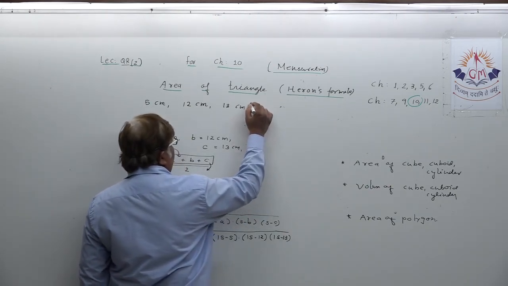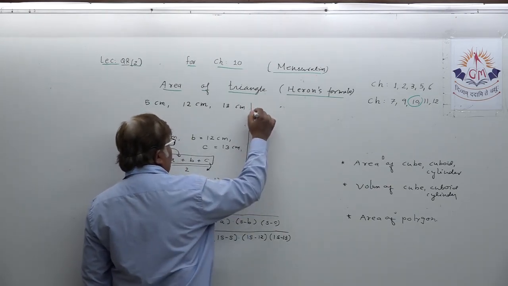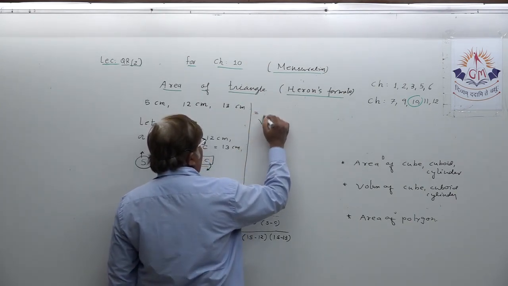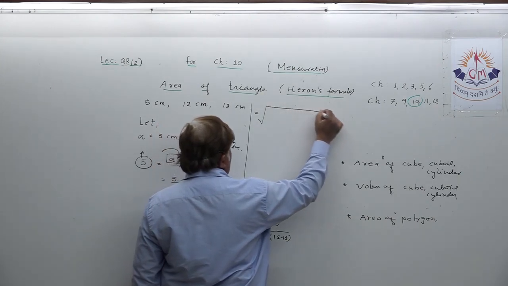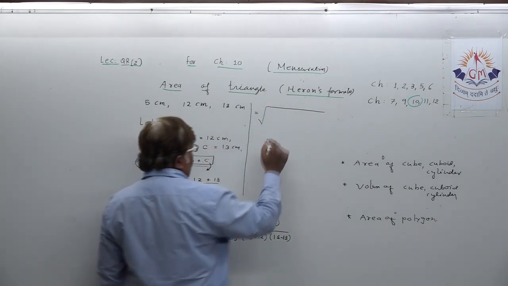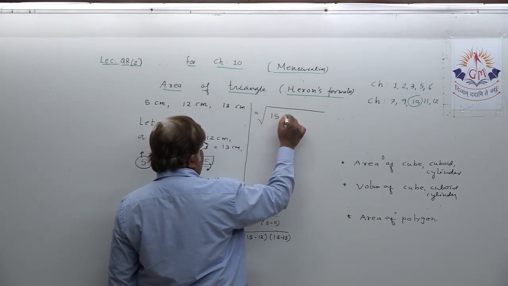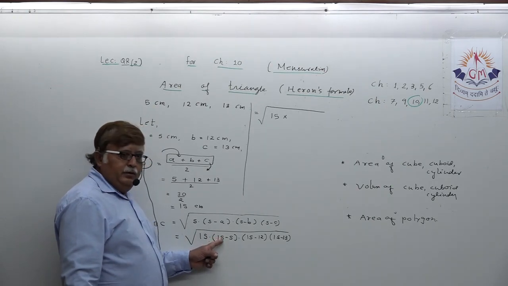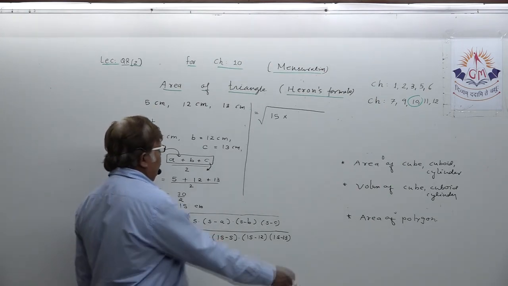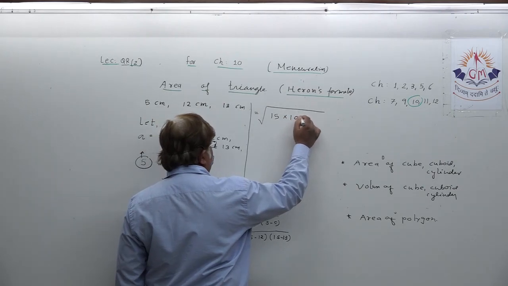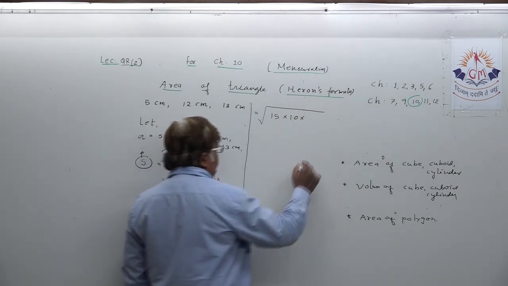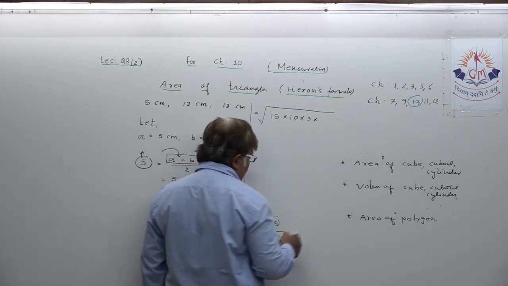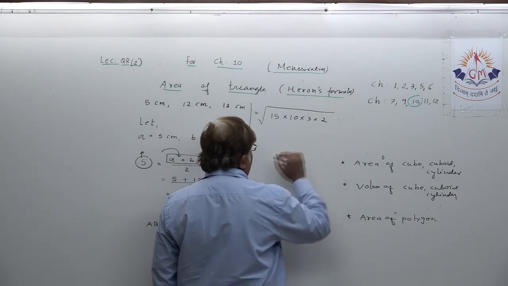This way, please concentrate. Equals to, this is continued here, under root 15 as it is, no sign means multiply, 15 minus 5, that is 10, 15 minus 12, that is 3, 15 minus 13, that is 2.